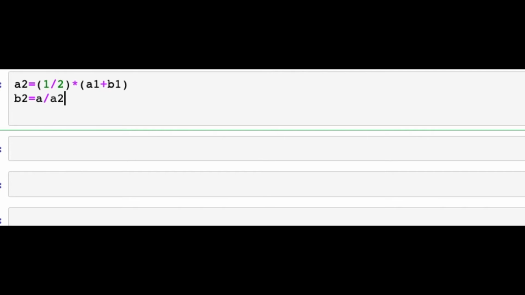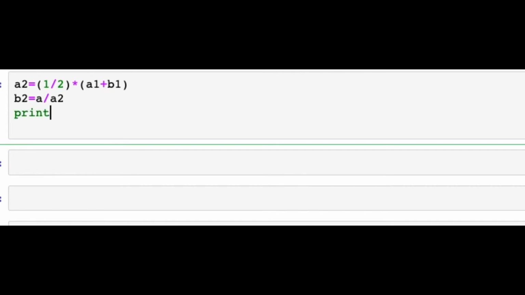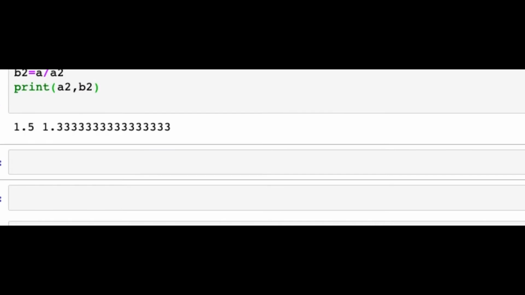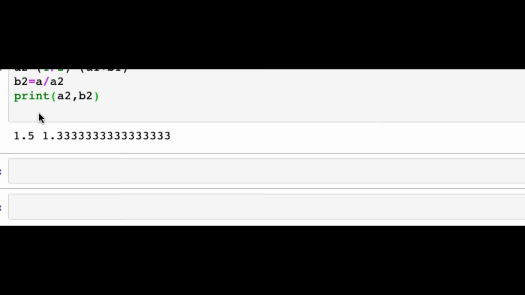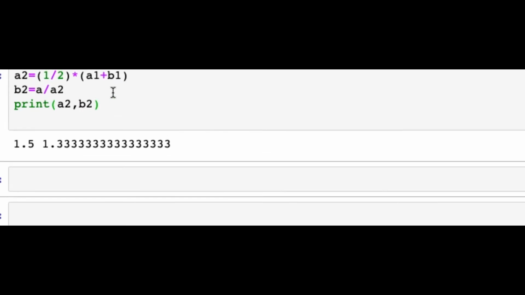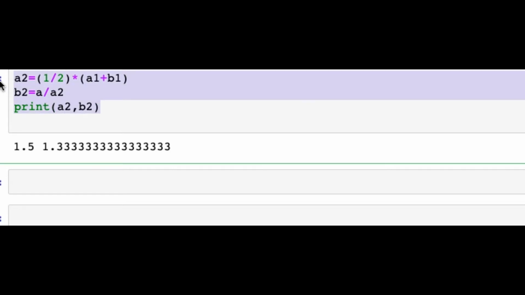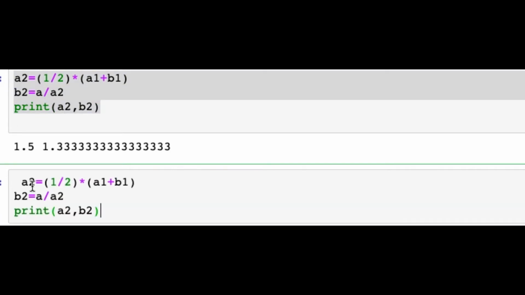We are iteratively using the previous calculation, feeding it into the new calculation to get closer to the square root of 2. Okay, so then let's print out the two values, see what we have. We got 1.5, 1.33. We're getting closer.